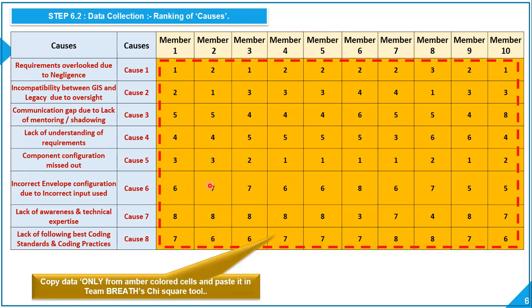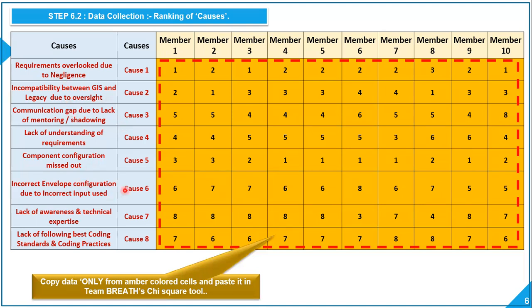But all the system is going to do here is see the pattern of how many of these 10 members gave almost consistent ranking to a given cause. That's what we really want to achieve, and that is why we want participants to individually rank the given causes.